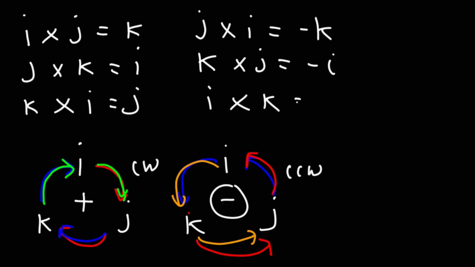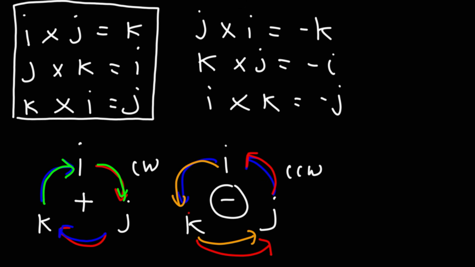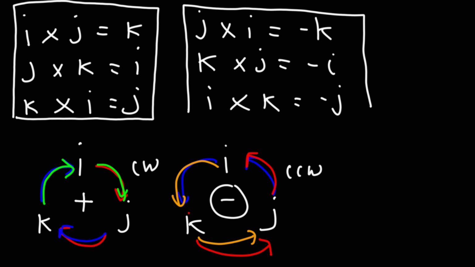But this is going to give me negative j since I'm going in the counterclockwise direction. So this system will help you to remember what results you should get when you're using the cross product formulas on the standard unit vectors. And of course, you could confirm each of these with the cross product formula like we did with the first example.